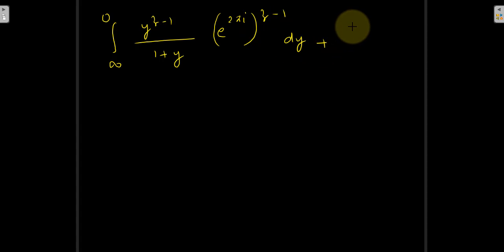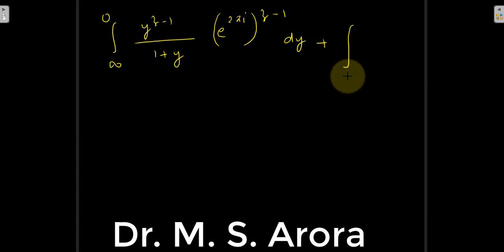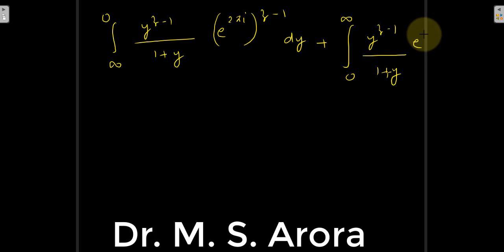And the fourth integral, that was line 0 to infinity, and here you will have y to the z minus 1 divided by 1 plus y, and yes, it will be e to the 0 i, and e to the 0 i is directly 1. There's no difference if you divide 0 by anything like 0 by 2, 0 by 3.